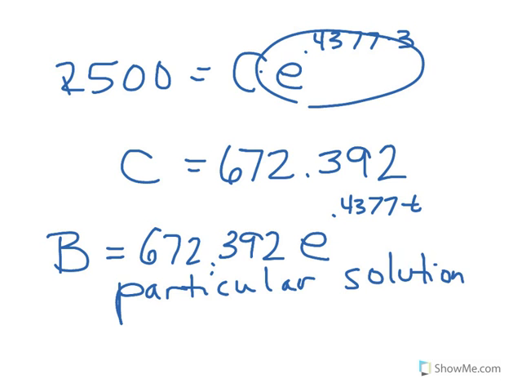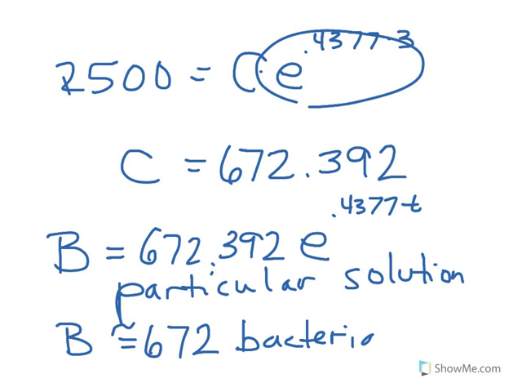And if we plug in 0 for t, it's not very interesting. This whole part, the e to that is going to become 1. So we're going to get that B is approximately 672 bacteria initially.